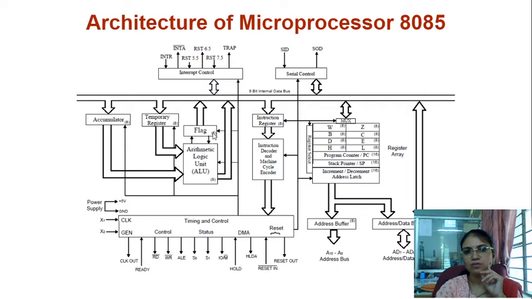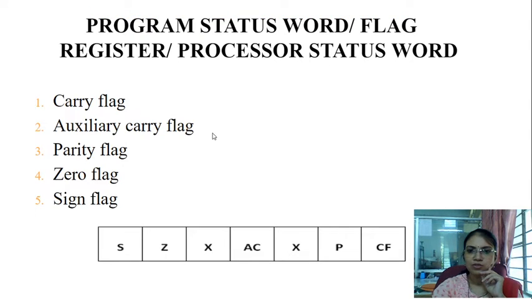So let us go into the program status word, or flag register. Another name given is the processor status word. This flag register is named the program status word or processor status word. It is also an 8-bit register, but out of those 8 bits, only 5 bits give the particular status.